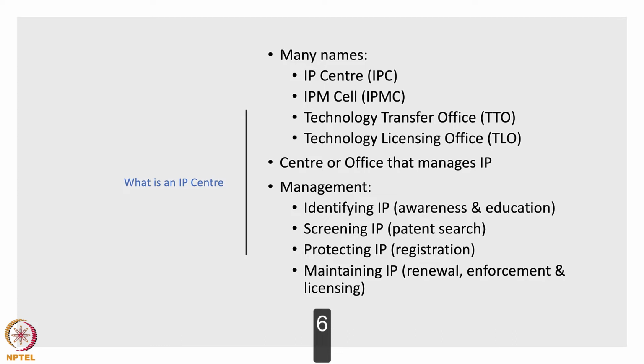They should have a patent agent within the university to do this for them. And then, once the IP is registered, you have to keep renewing it, you have to keep enforcing it, and commercialize it by licensing it and earning revenue.